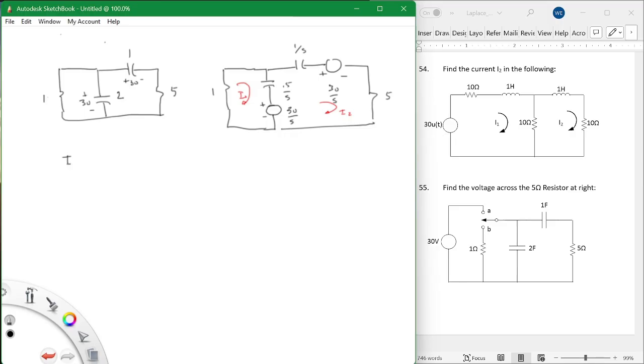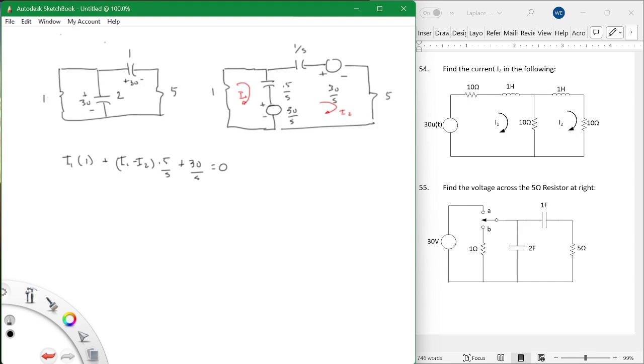I1 times 1, going around like this, plus I1 minus I2 times 0.5 over S plus 30 over S equals 0.